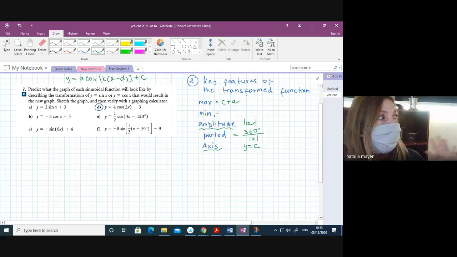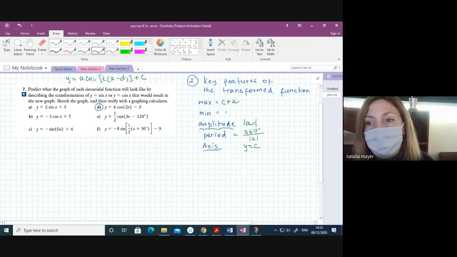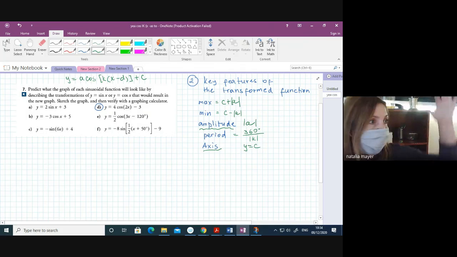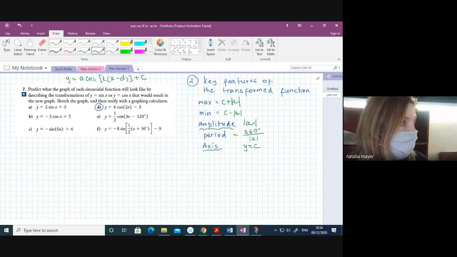So following the same logic, how do you find minimum? C minus A. And again, it's absolute value because we go up or down exactly the amplitude, right?